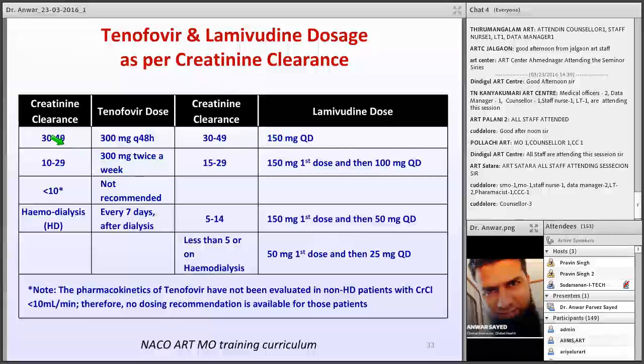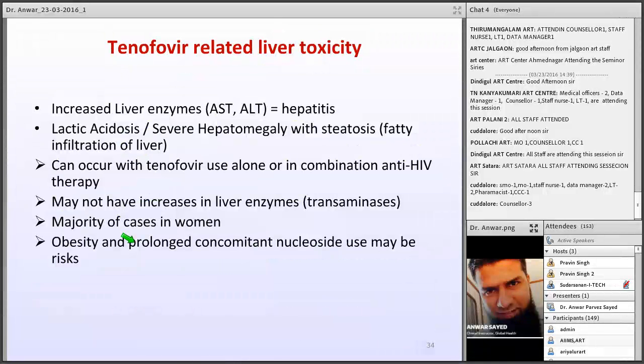Similarly, as creatinine clearance goes down, the dose is reduced. From every 48 hours, it becomes twice a week, and if it is less than 10, it is not recommended at all. In hemodialysis, it is given every 7 days after dialysis. So you can refer to these charts if you want to give the adjusted dose in case of renal compromise or insufficiency.